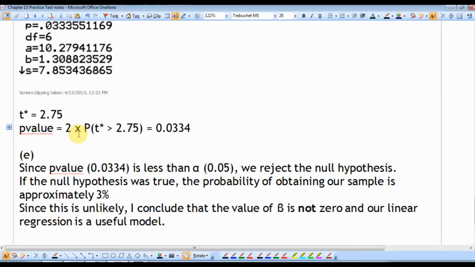Part E, appropriate conclusion for this at a 5% significance level. Since the p-value 0.0334 is less than alpha 0.05, we're going to reject the null hypothesis. If the null hypothesis was true, the probability of obtaining our sample would be about 3%, which is unlikely.